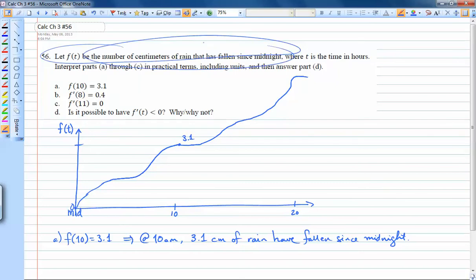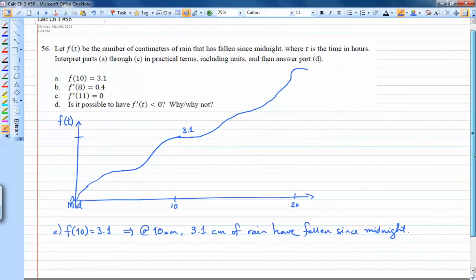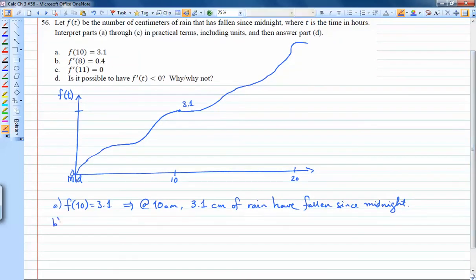So, okay. Part B says, what does f prime of 8 equals 0.4 mean? So f prime 8, where is that? That's maybe about here, right? If that's 0.4, well, that's really saying df dt equals 0.4 when t is 8. And f is measured in centimeters, t is measured in hours.